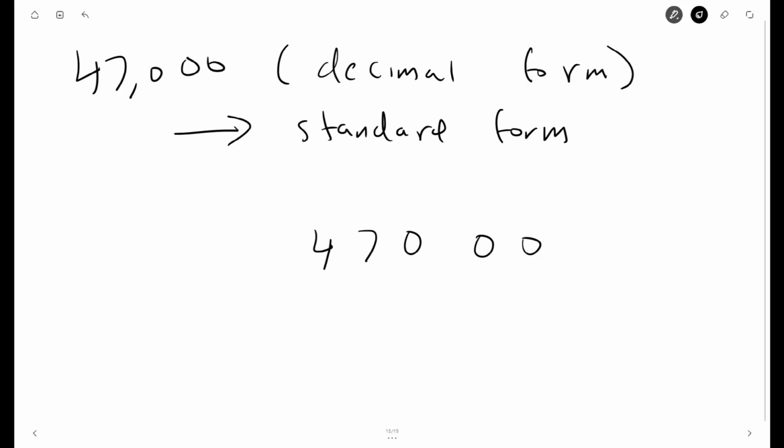The decimal point is at the end because it's a whole number. We have to move it so it's a number between 1 and 10. So 1, 2, 3, 4. How many times did we move the decimal point? We moved it 4 times. So the exponent is -4 because we move to the left.